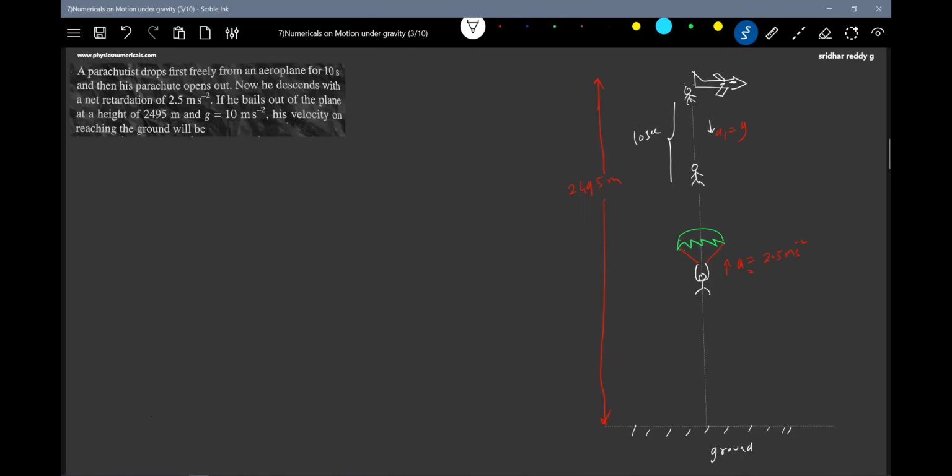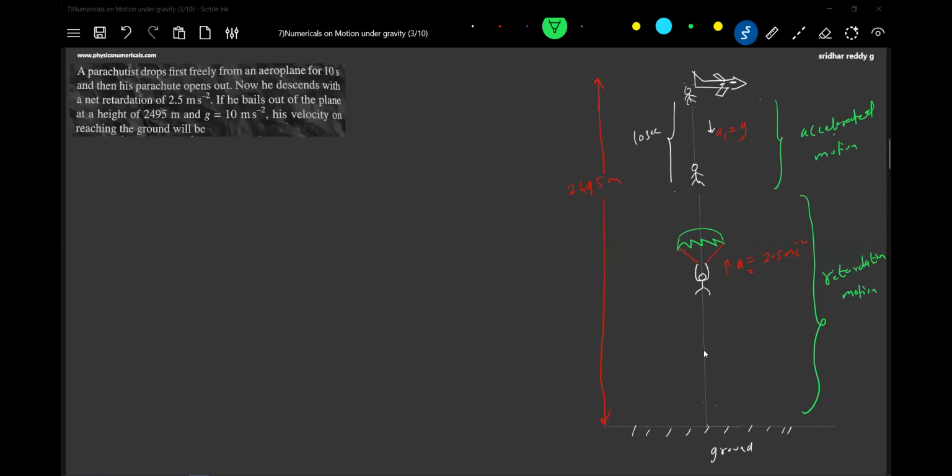Its velocity on reaching the ground will be, from here, there will be retardation. Let me indicate that this will be accelerated motion, free fall, and this will be retarding motion.